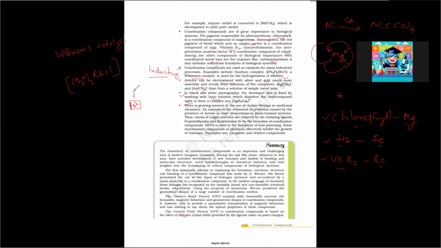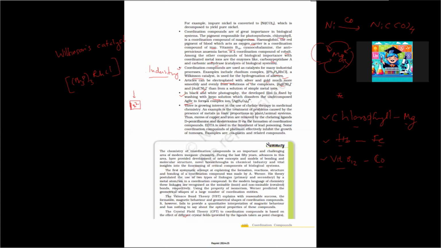When light comes onto this film, wherever there is a high concentration of light, the silver bromide will react and its concentration will be less.